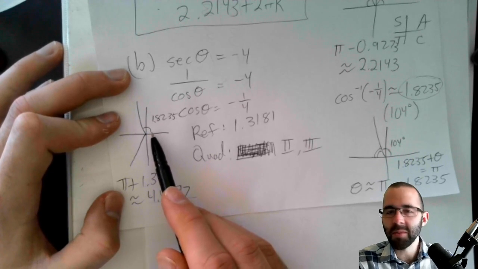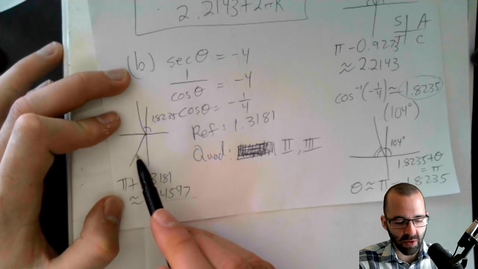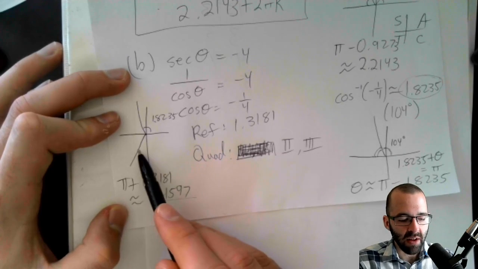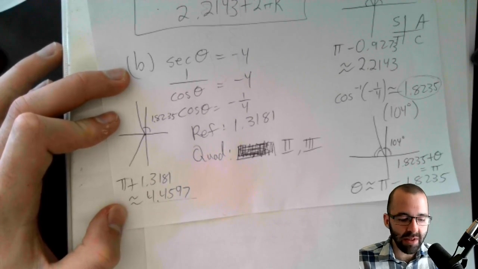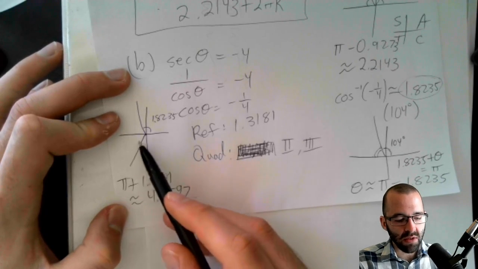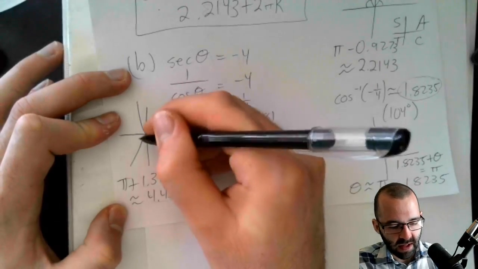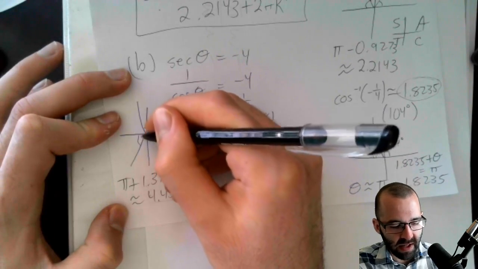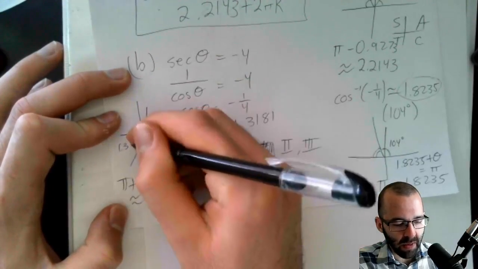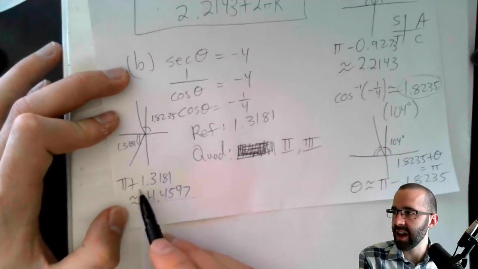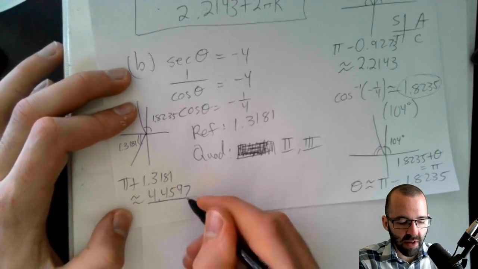There are multiple ways of doing it, but it's not that helpful for finding this third quadrant angle that we need. One of the most straightforward, if I'm trying to be consistent in how I'm doing these problems, is to use reference angles to find this angle. Because again, we know this reference angle down here is the 1.3181. That's why we're adding it to pi. Good question. So this is our third quadrant answer.